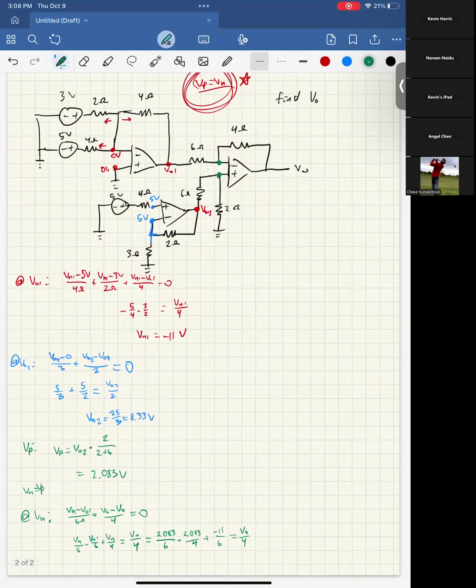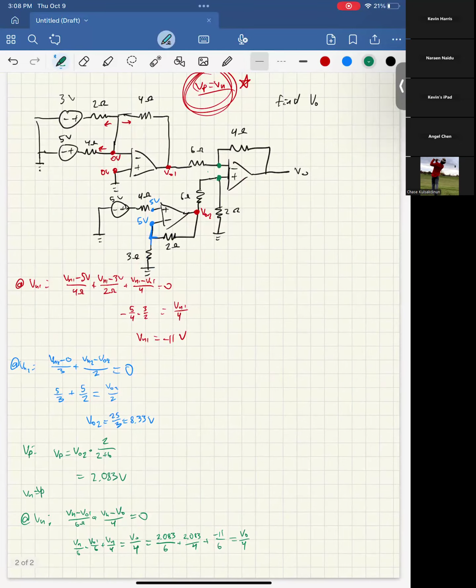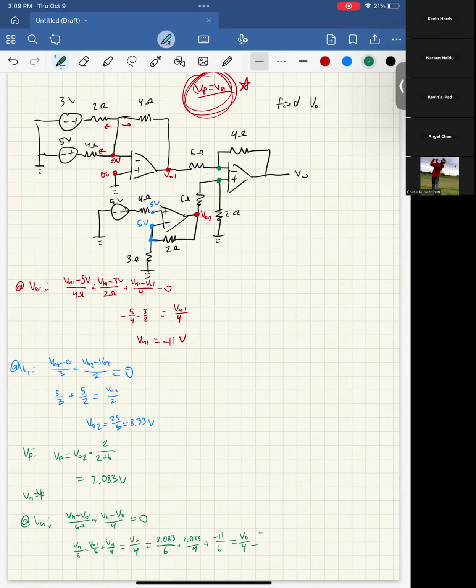Hmm. Yeah, minus n. Yeah. I have that here, but I'm missing something because it's supposed to be like 10.8.